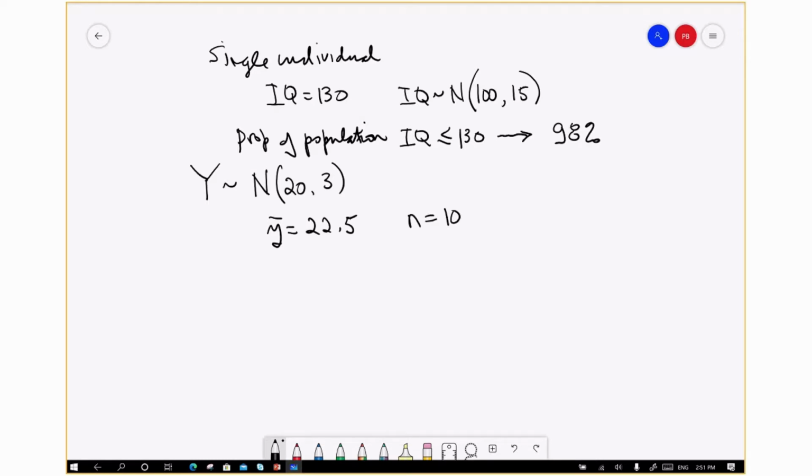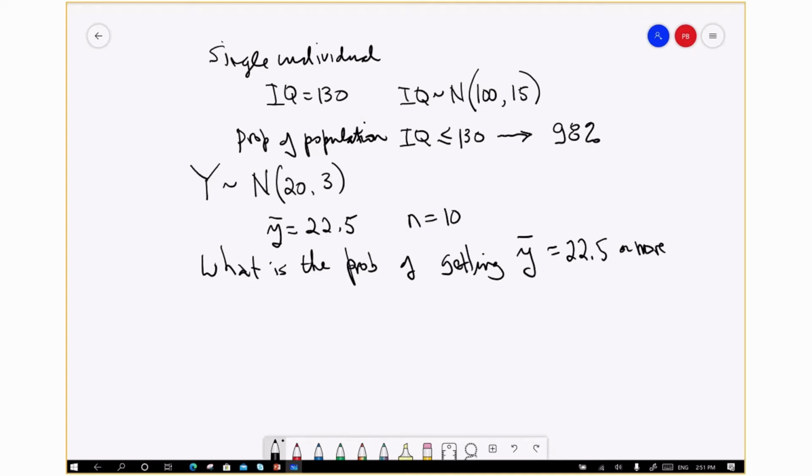What I now want to think about is, what is the probability of getting a single observed sample y bar with a value equal to 22.5 or more, if the underlying assumption that the random variable y was normally distributed with mean 20 and standard deviation 3 was true.